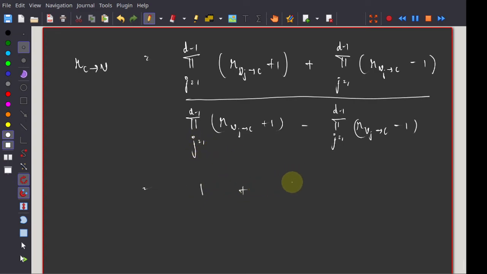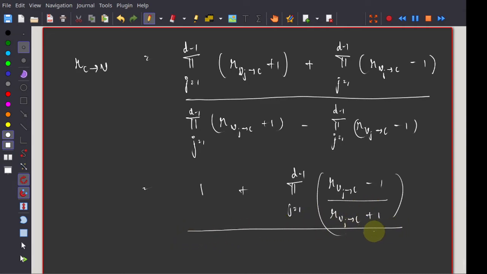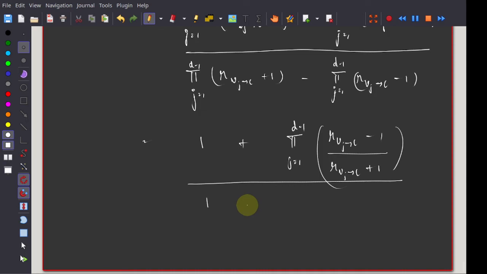I get 1 plus the product over a equal to 1 to p minus 1 of r pj to c 1 divided by pj to c plus 1, whole divided by 1 minus the product over j equal to 1 to p minus 1 of pj to c 1 divided by pj to c plus 1.